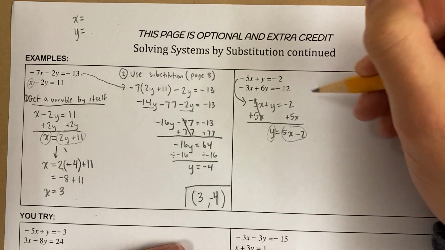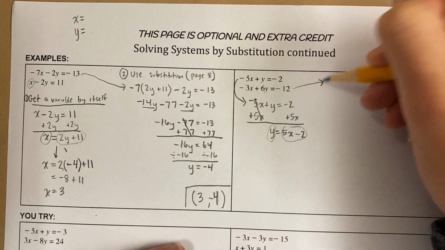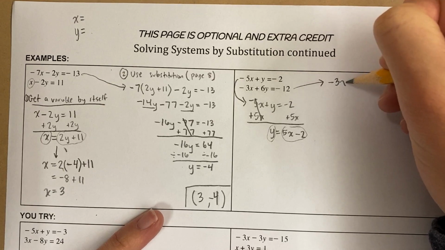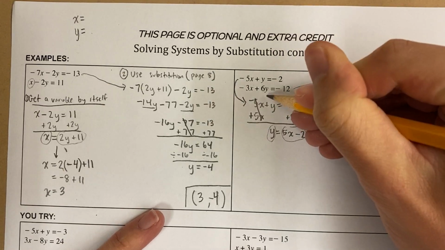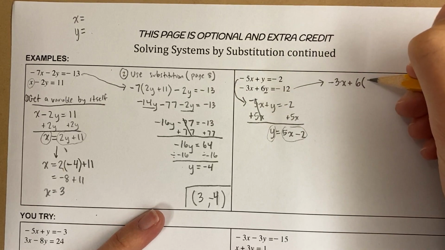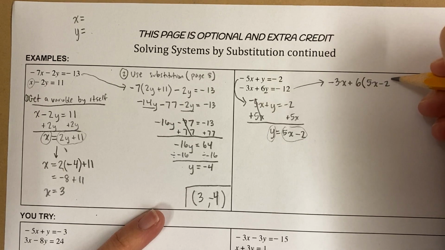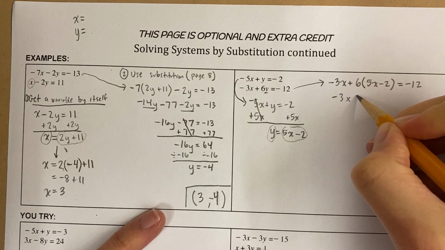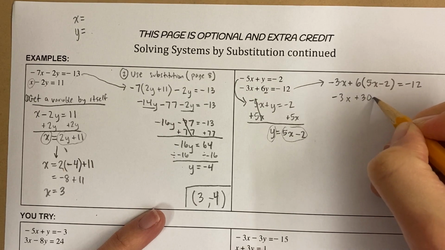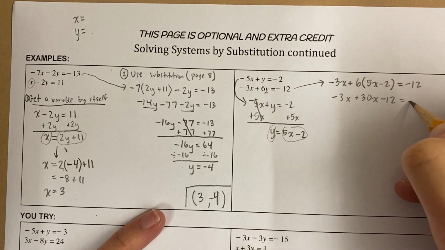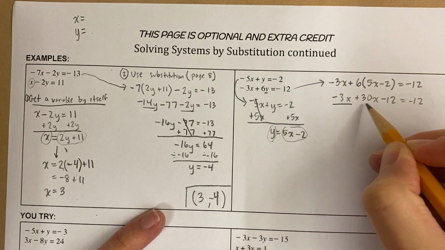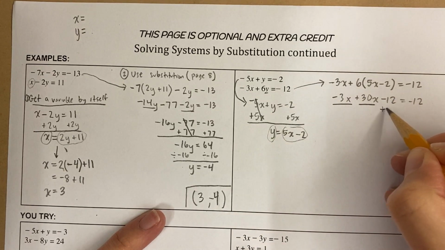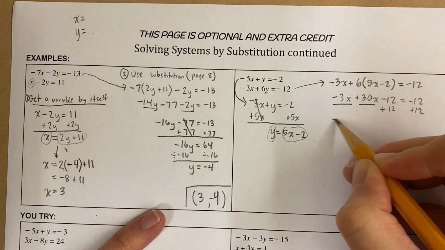So now I can go ahead and plug it into here. So instead of y, I'm getting to this y right here. Instead of that y, I'm plugging in 5x minus 2. Now I'm going to speed up a little bit through this. Okay, I'm going to combine my like terms, and I'm going to cheat. I'm going to add 12 to both sides all at the same time.